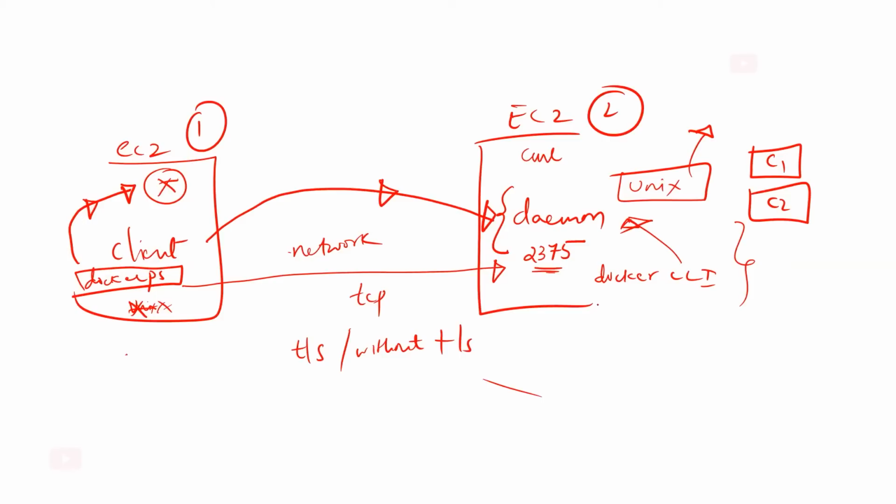The reason is that this client is not authorized by this daemon, because there is no authentication here as of now. So this client can be anyone. It can be a hacker, or it can be you, because the daemon is simply listening on 2375 without any TLS.